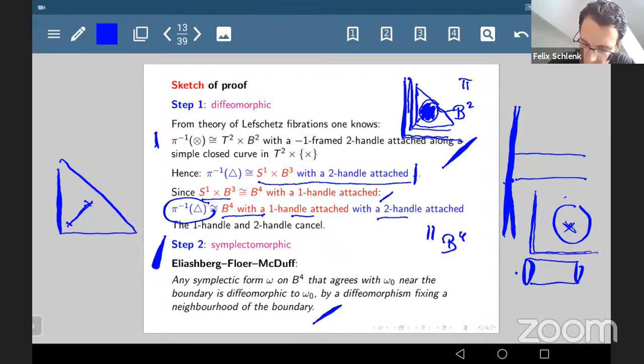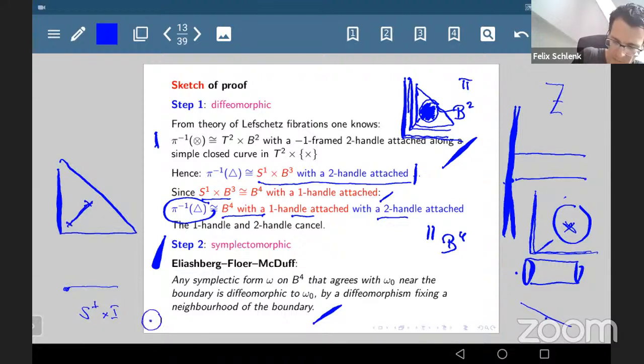No, this union is a cylinder, because there is monodromy, and over each point in S1 this open part is S1 cross an interval, but this closed one is a disk, because you add the central point in the annulus. So when you add this cylinder, the T2 cross B2 becomes an S1 cross a 3-ball.